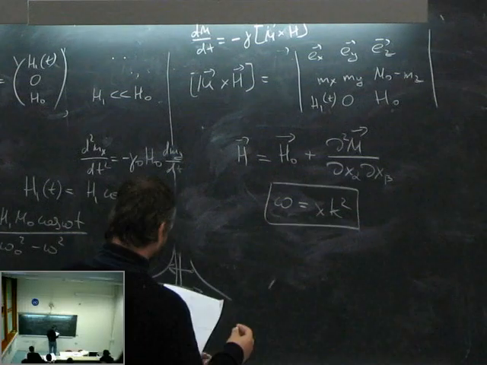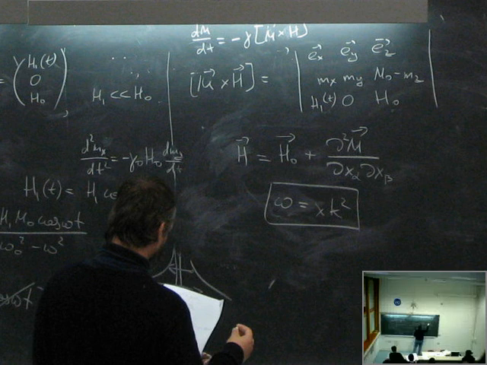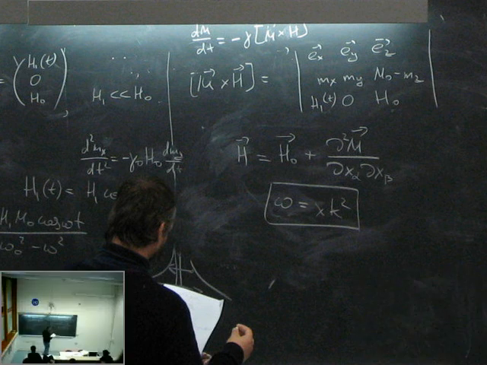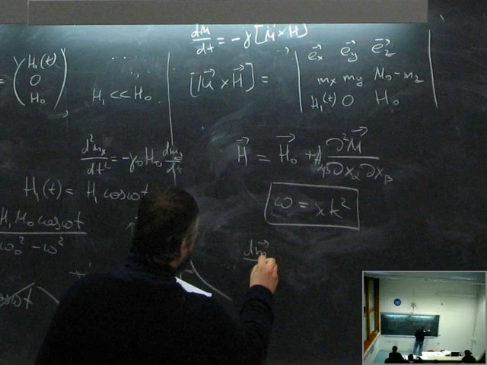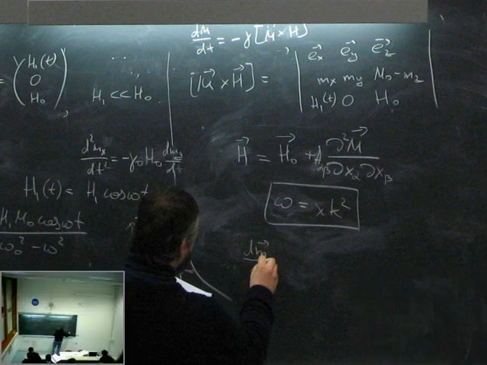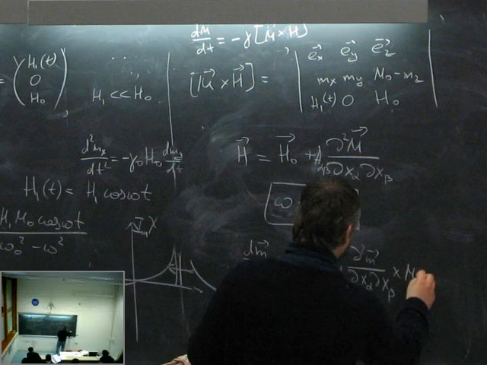So the equation, which I will write down, well, let me write here some constant a alpha beta, because I need to have a scalar here. The equation that dm over dt is equal to gamma r alpha beta d2m over dx alpha dx beta times m naught is called the Landau-Lifshitz equation.